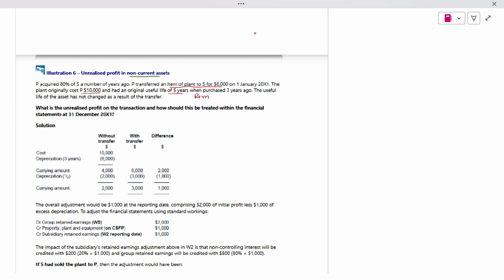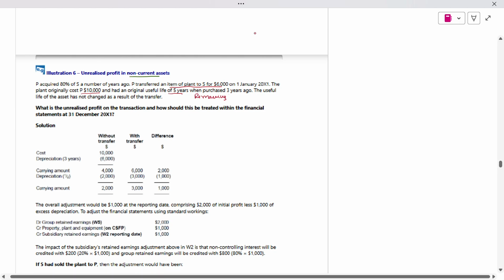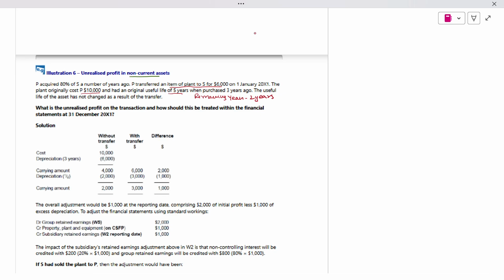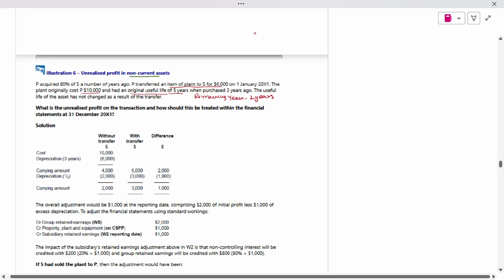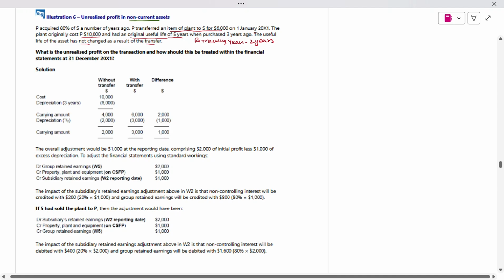How many years are left now? 2 years. The useful life of the asset does not change; it remains 5 years without transfer.